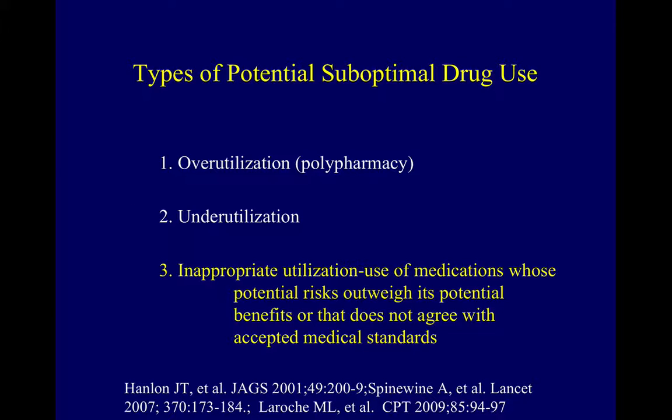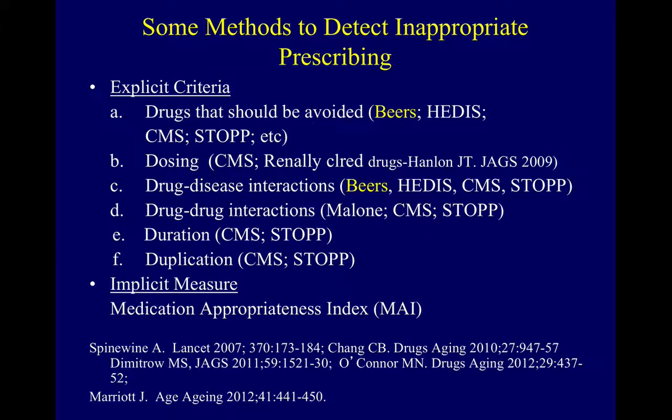But the big crux of what we want to talk about today is inappropriate utilization: the use of medications whose potential risks outweigh the potential benefit, hence may prevent somebody from maintaining their quality of life or not improving their quality of life in a geriatric patient. And there's numerous methods out there, all right?